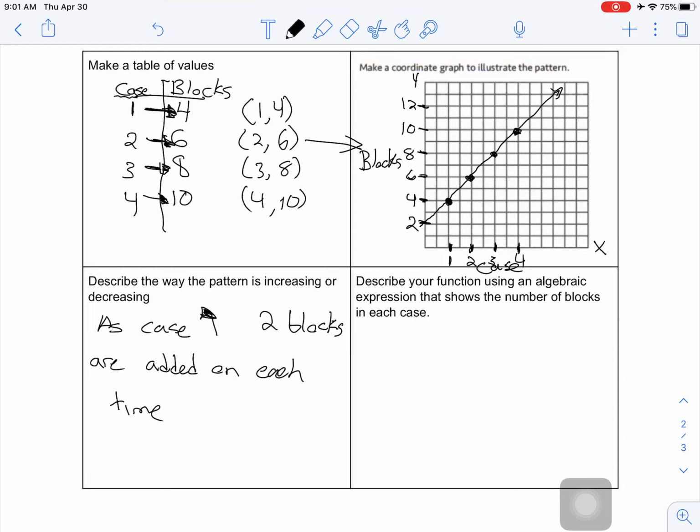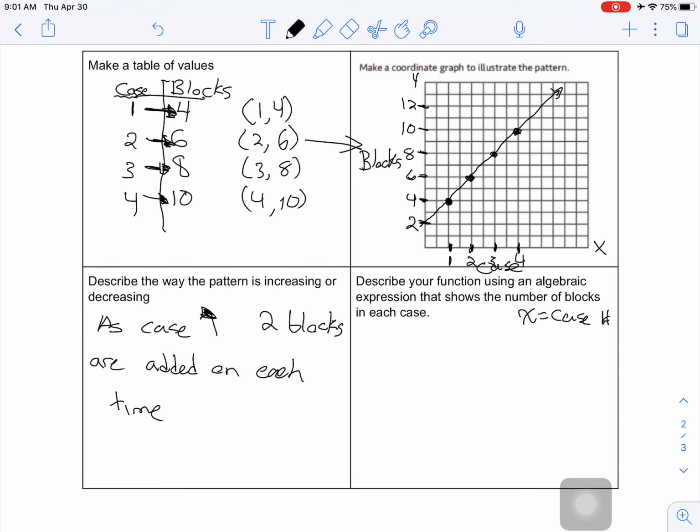What would case 23 be? And any amount. So what I'm going to do is use a variable, x, to represent case. So x equals case number, right? Because it says describe the function using an algebraic expression that shows the number of blocks in each case.